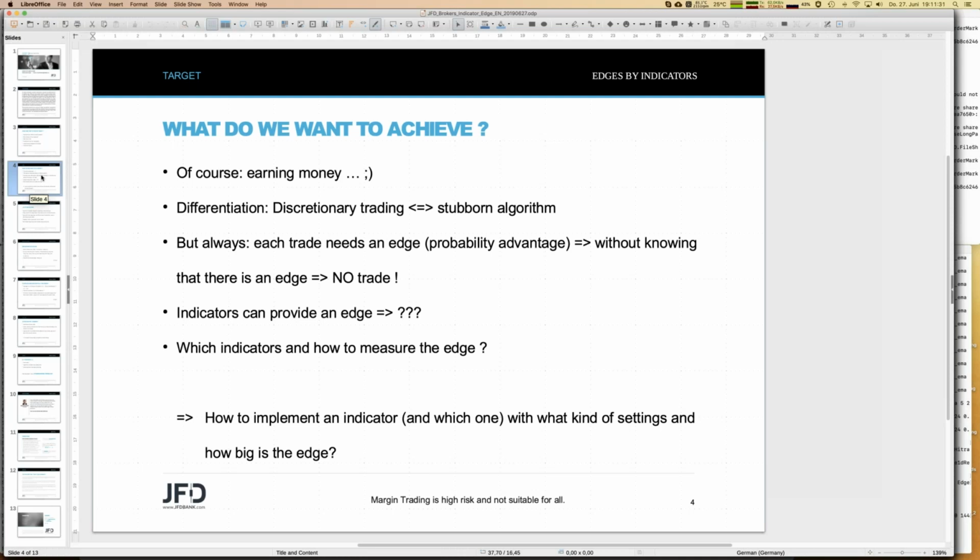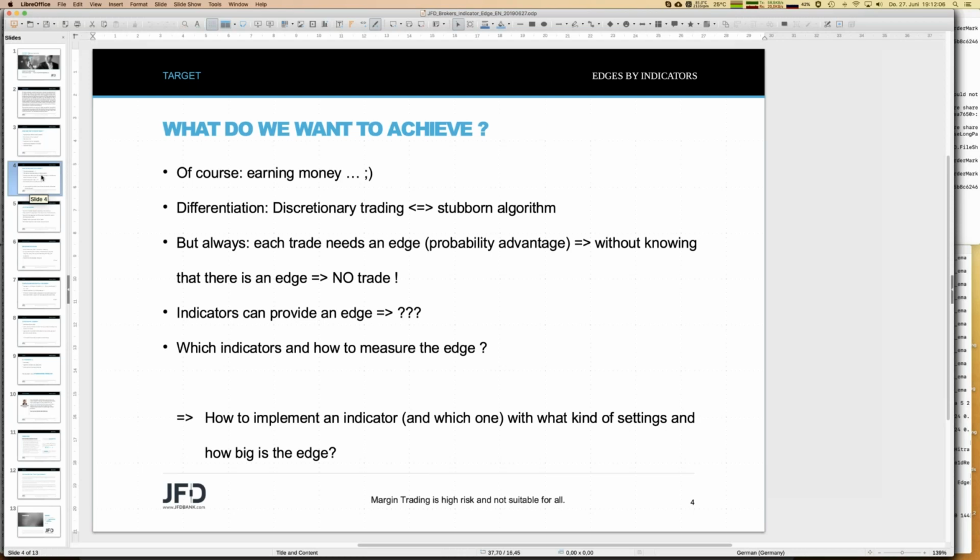I know those situations. We are sitting in front of the screen looking at some charts and seeing, oh yeah, that looks good. Now it's time to go short on that underlying, and then we open the trade. But honestly, do we know any edge for that trade? It's more a feeling telling us whatever. And there might be people who are excellent at that. And honestly, I do not know a single one, but there might be some people around.